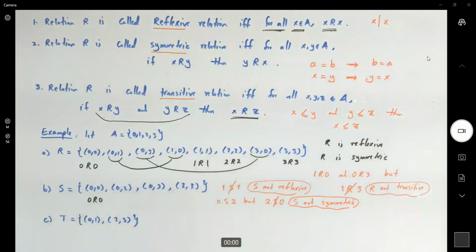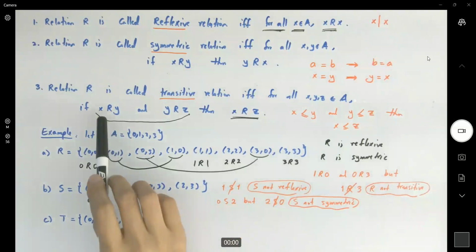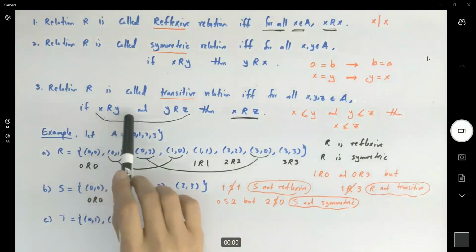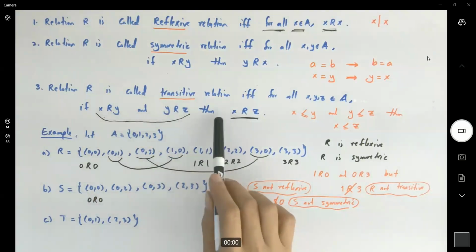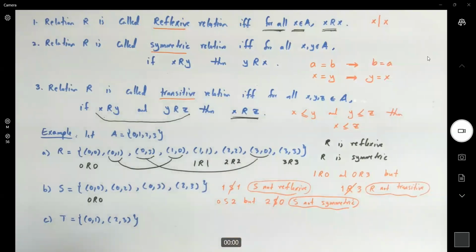What about being transitive? Guys, take a look. If you have X related to Y, Y related to Z, you need to see the relation between the very first and the last element. Okay. 0 is related to 0, 0 is related to 2, 0 is related to 2. So far, so good. 0 is related to 0, 0 is related to 3, 0 and 3 are in the set.